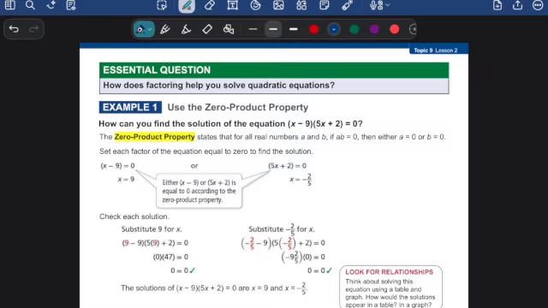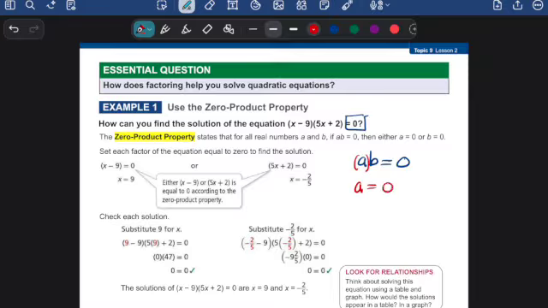So how does factoring help us solve quadratic equations? Well, when we're solving quadratic equations, remember we're looking for where the equation is equal to 0. That's where the function crosses the x-axis, where the x-intercepts are. And because of the zero product property, whenever I have something times something and the product is 0, then I know one of those factors has to equal 0.